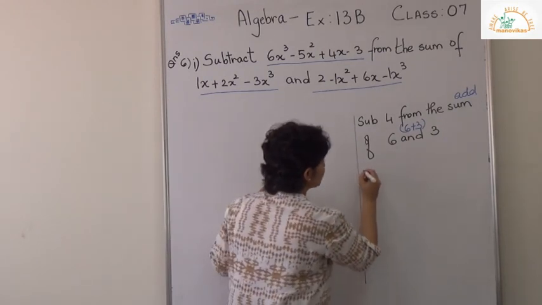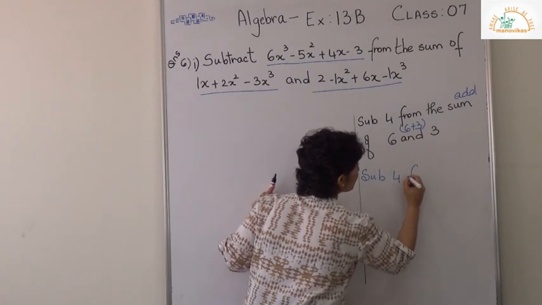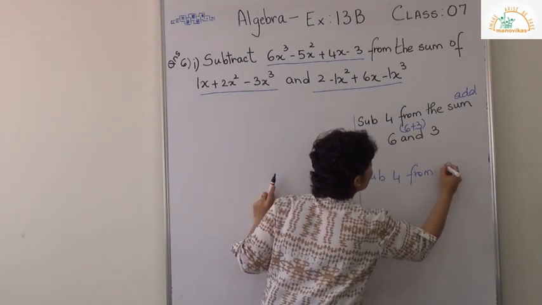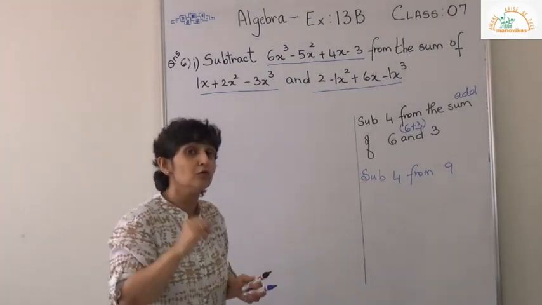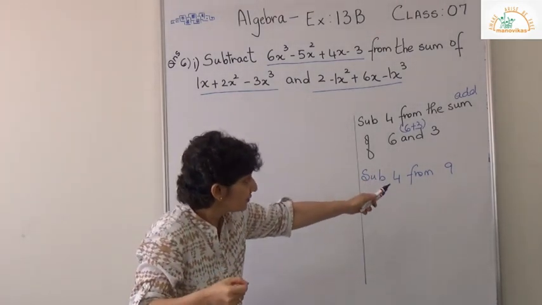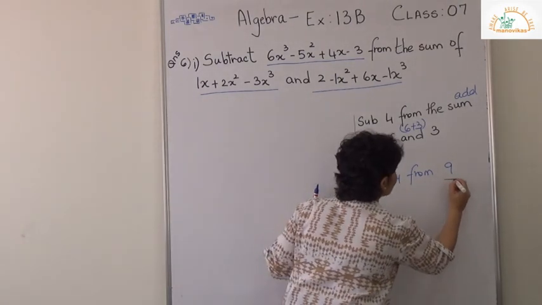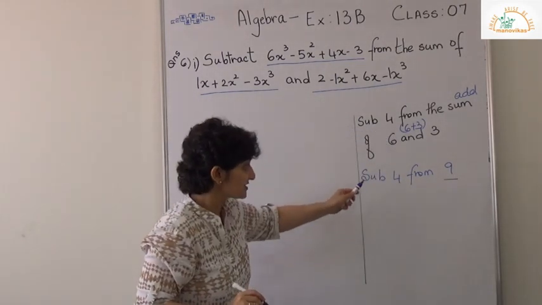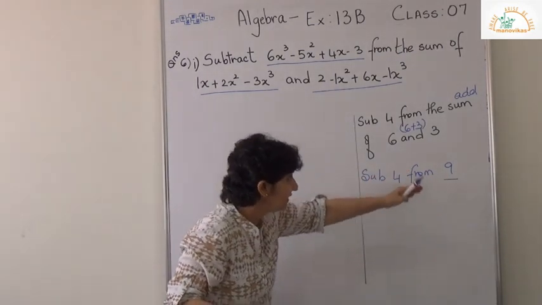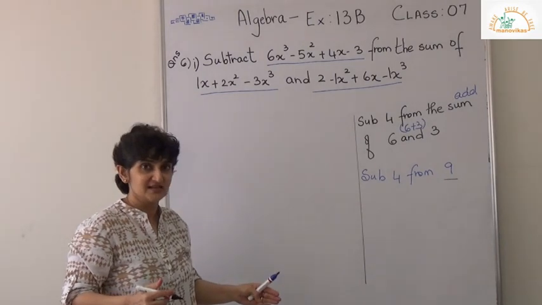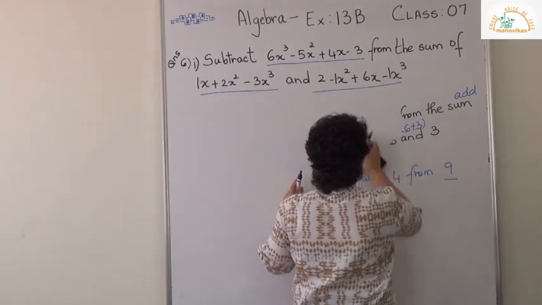Right? So I will now, let's rewrite. Subtract 4 from 9. Now we just did sums earlier similar to from. Correct? So that means I will underline 9 now. So subtract 4 from 9. So it will be 9 minus 4. Isn't it?